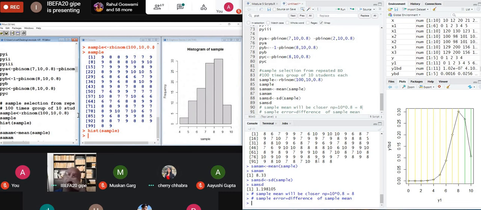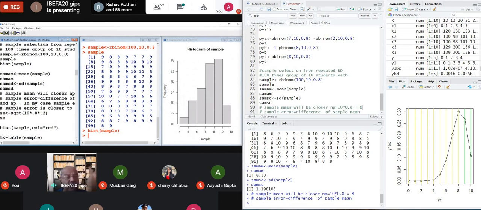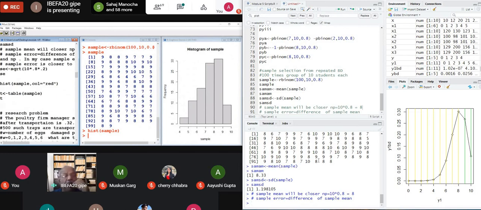This type of concept is the one I use in testing of hypothesis. Once you have the data, you can find the mean, the standard deviation, and prepare the table and so on.